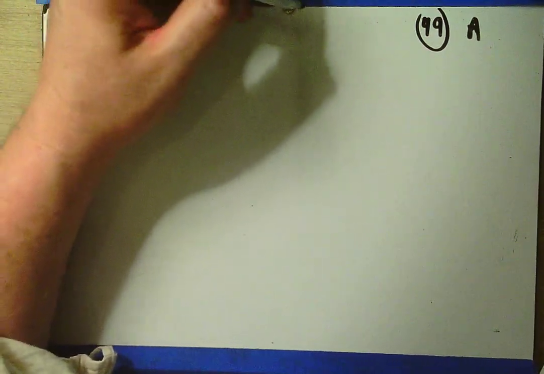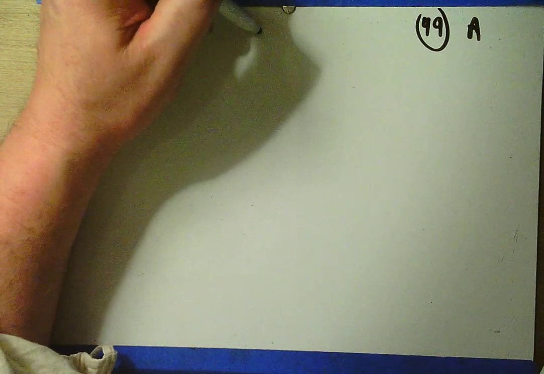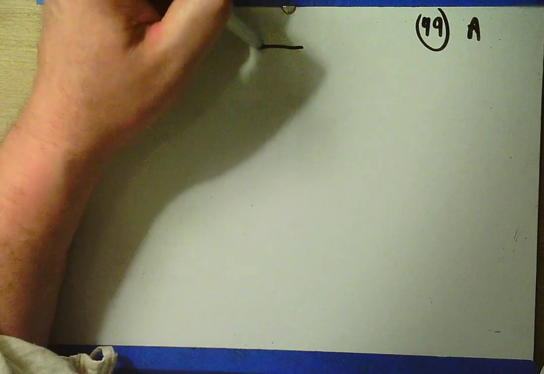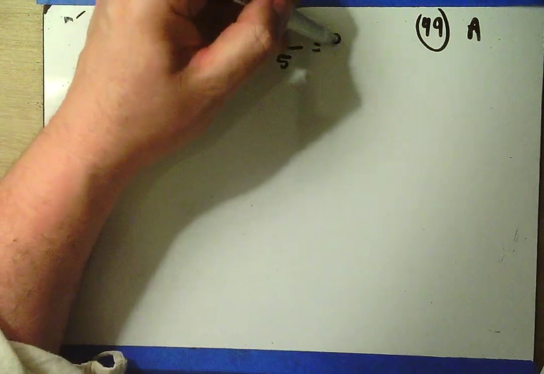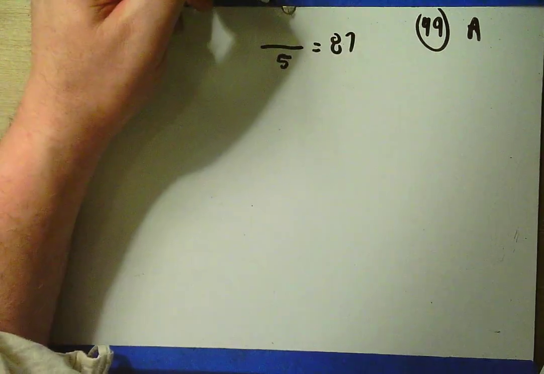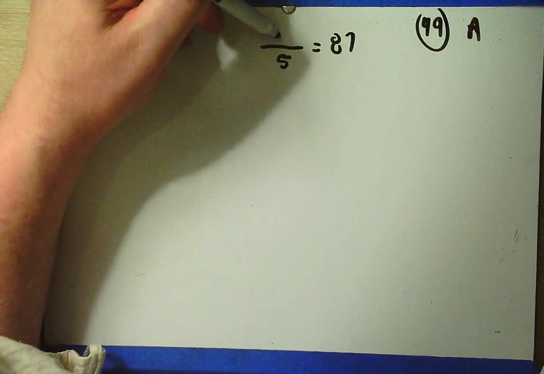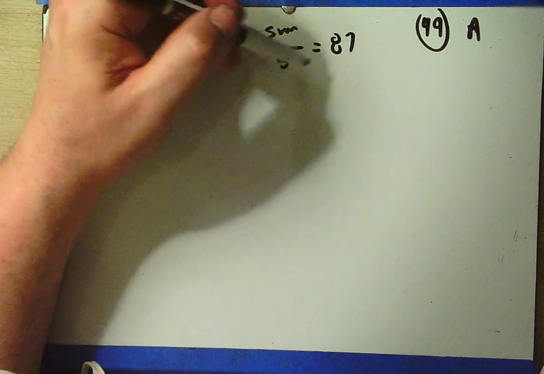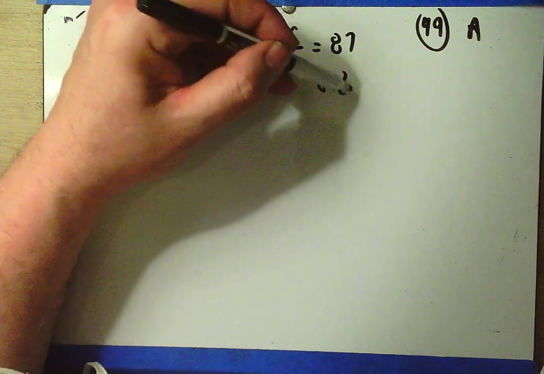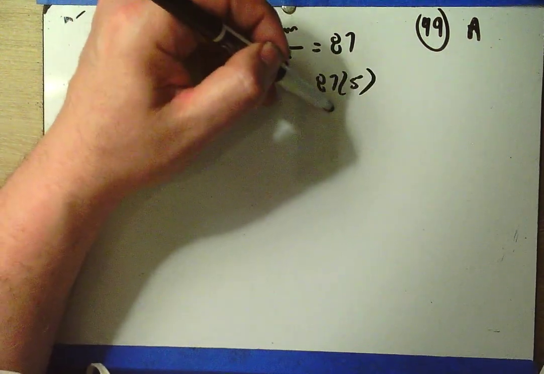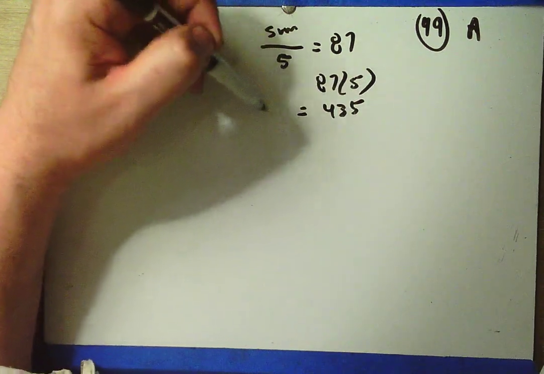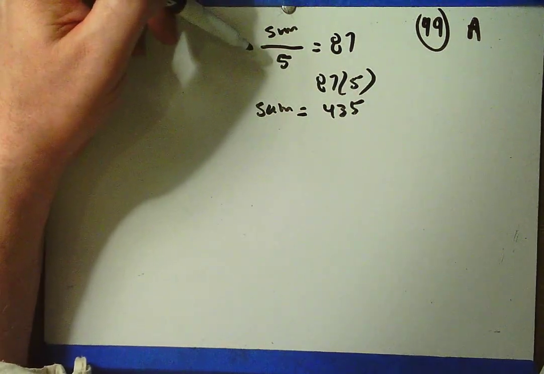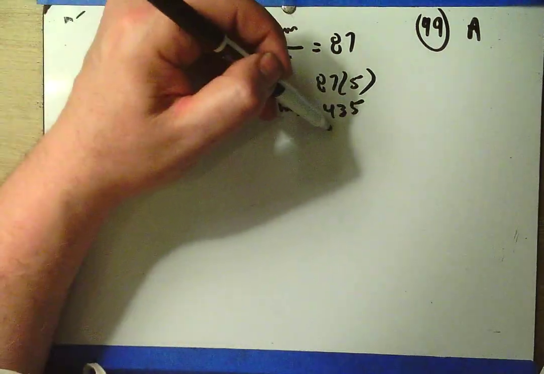The mean of 5 numbers is 87. So, if I add up these 5 numbers and divide by 5, I get 87. Which I guess means the sum of all these numbers is 87 times 5, or 435. One of those numbers is 75.